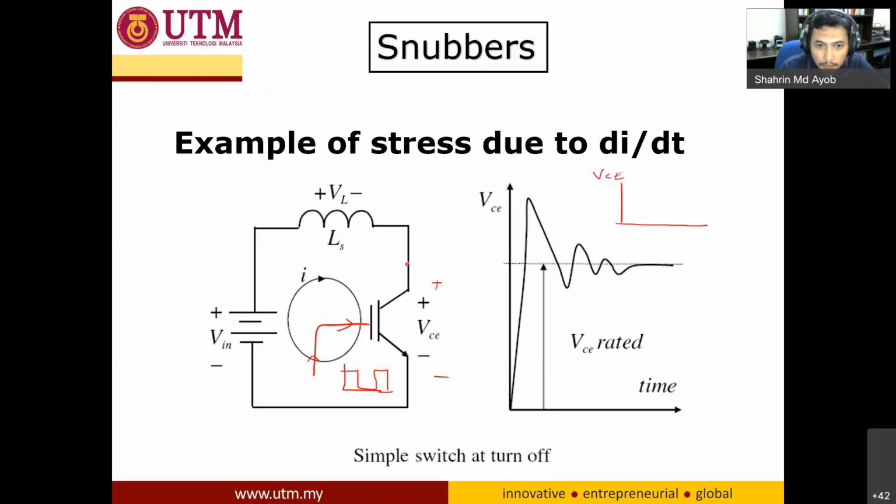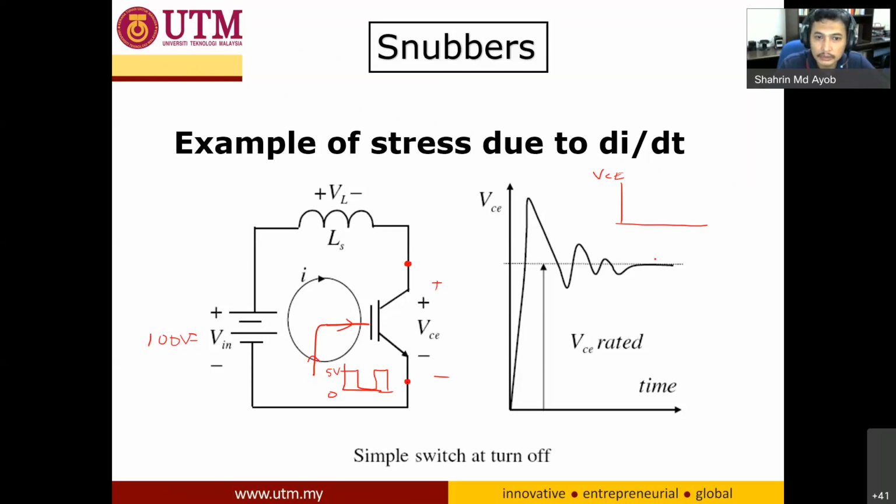If you put your oscilloscope here, you will see that this one is 0, maybe this one 5 volt. This one comes from your electronics, from your microprocessor, and let's say that your Vin is actually 100 volts. The signal comes from your microprocessor and goes to the gate driver, and then it will turn on these transistors.